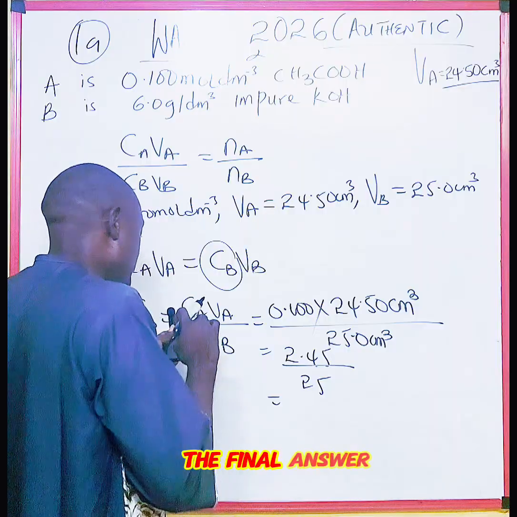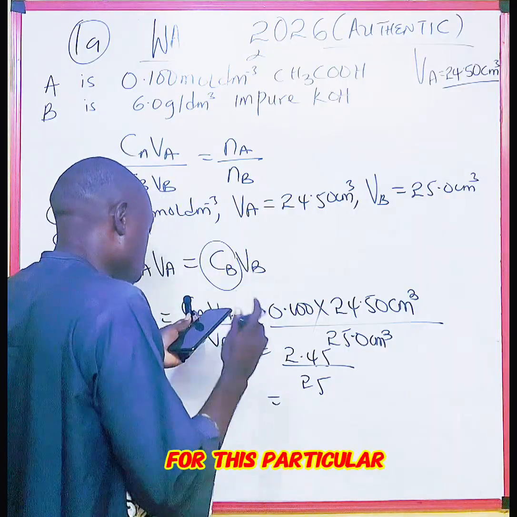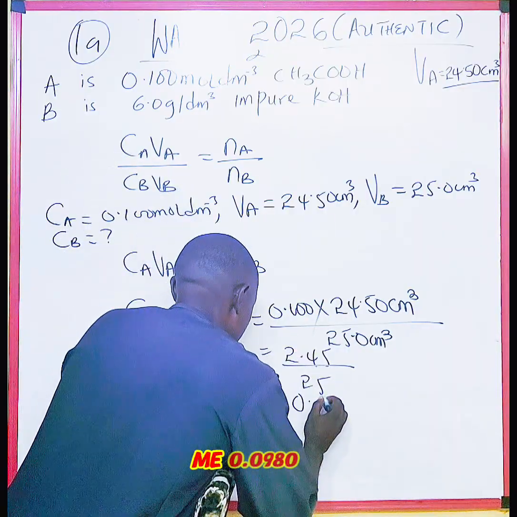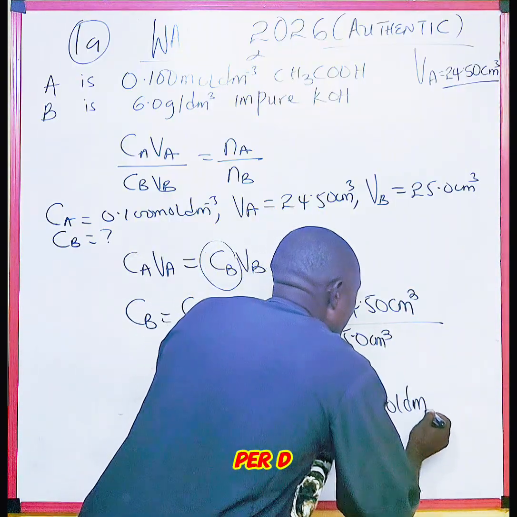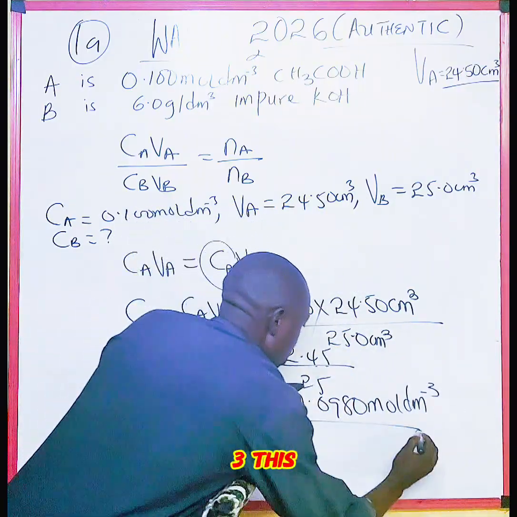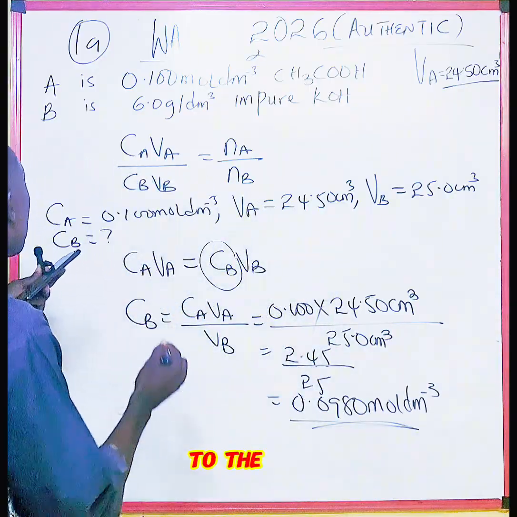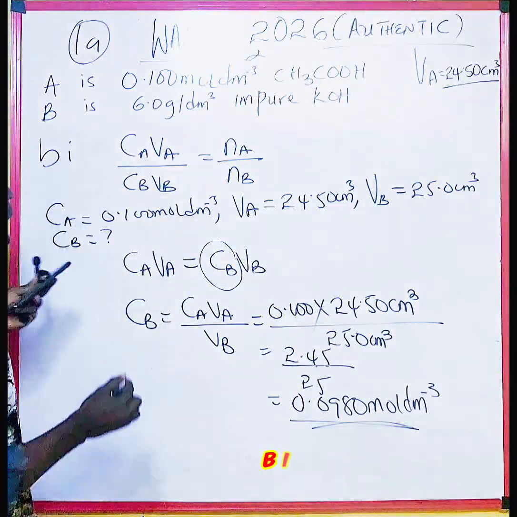The final answer for this particular question gives 0.0980 mole per dm cube. This is the final answer to the question BI.